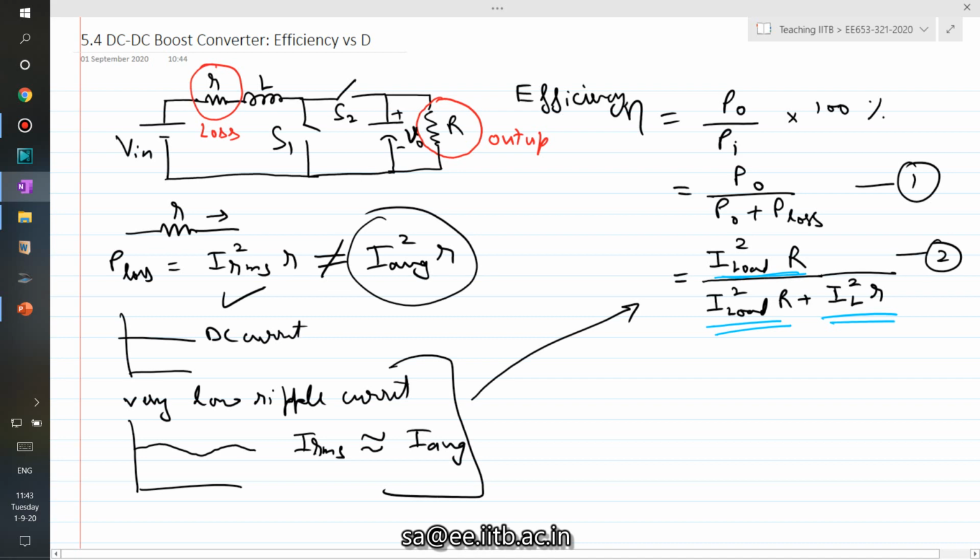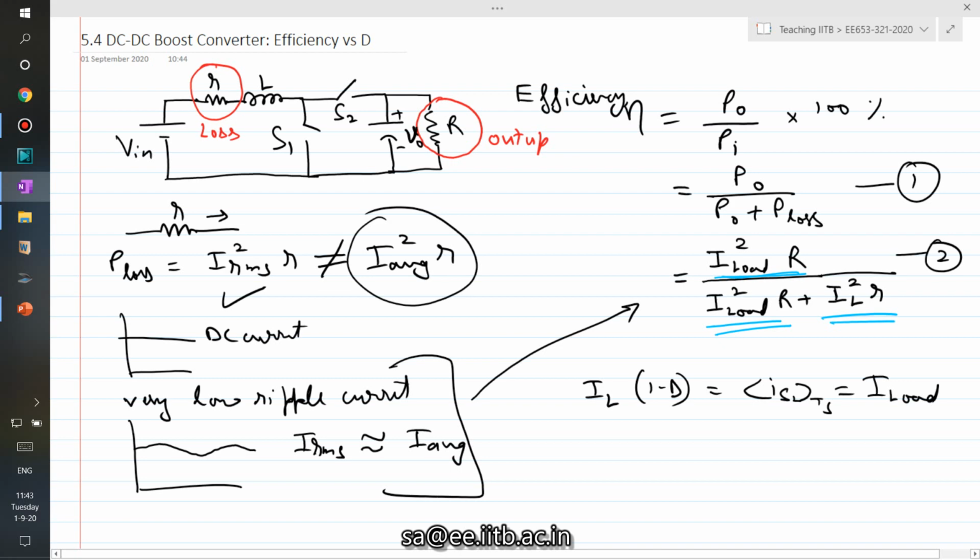I now have two expressions, I load and IL. Using the circuit, I understand that switch S1 closes for D duration, and switch S2 closes for 1 minus D duration. So I can write that IL into 1 minus D is nothing but the average current of the switch S2 over a period Ts, which is nothing but the average load current.